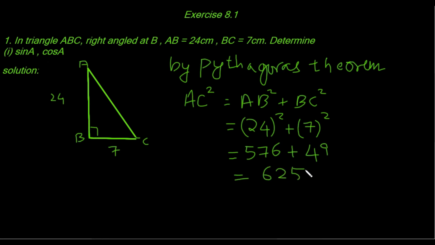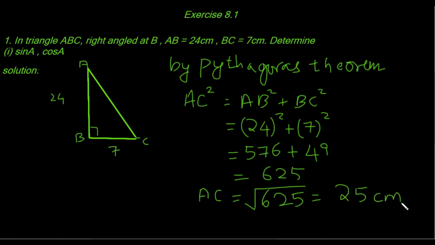Now transferring the square from AC to the right side of the equation, we get root of 625, which is 25 centimeters. Since we found the side AC, let's put it in our diagram.